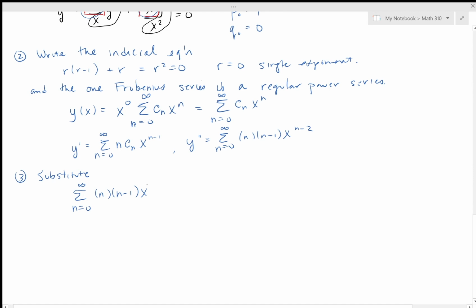I somehow have lost the Cn's on here. Sorry about that. Let me fix that up. When I take the derivative here, that Cn will still be here, and that'll be x to the n minus 2.